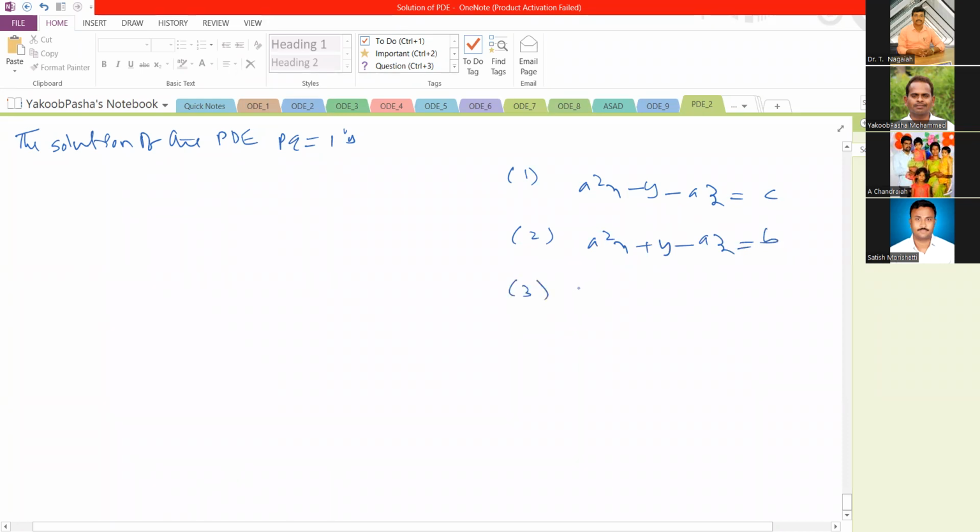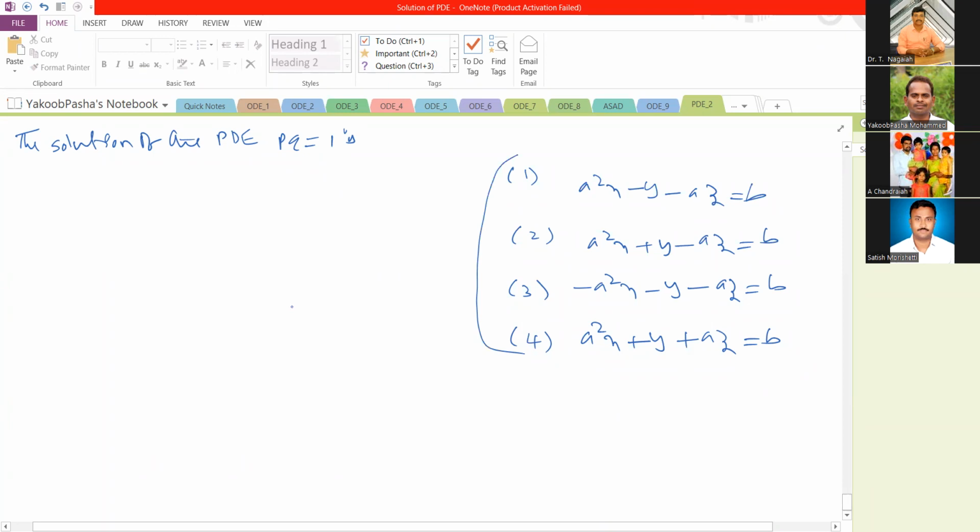Option 3: minus a square x minus y minus az is equal to b. Option 4: a square x plus y plus az is equal to b. We have 4 options. Sorry, it is b.